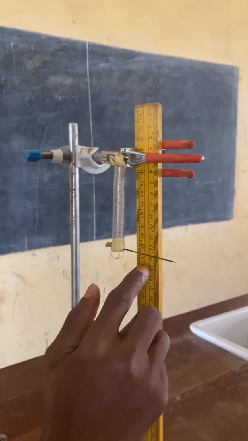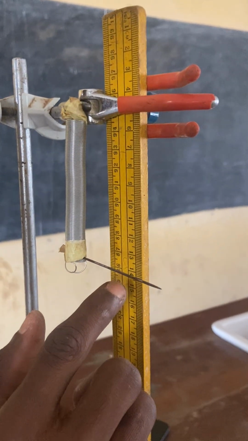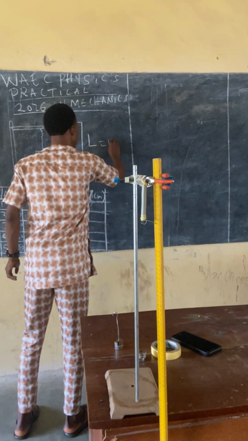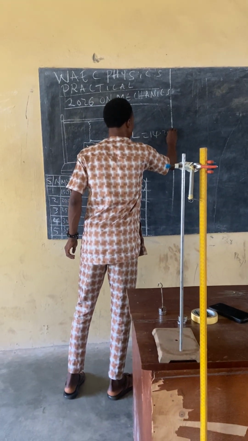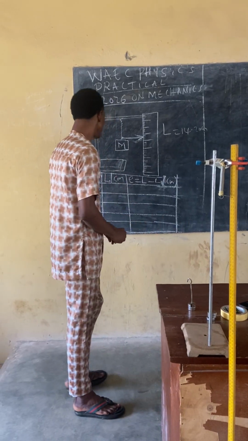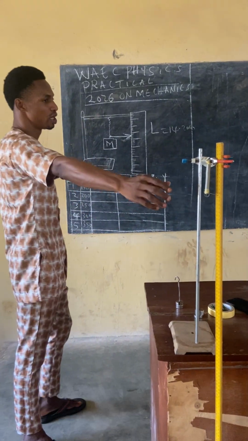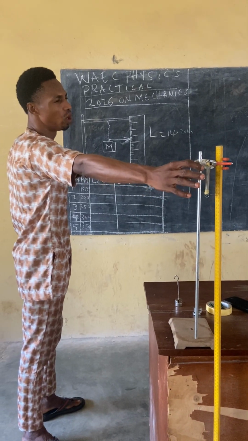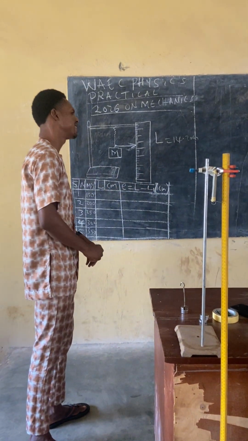Let's assume it is 14.2. Let me put it in two decimal places, that is 14.20 centimeters. That is the length of the pointer before a mass is hung on the spiral spring.